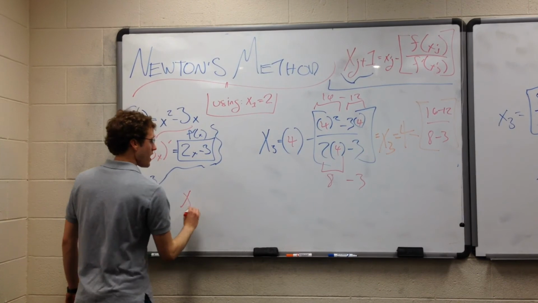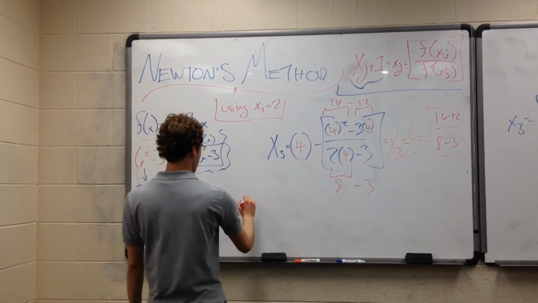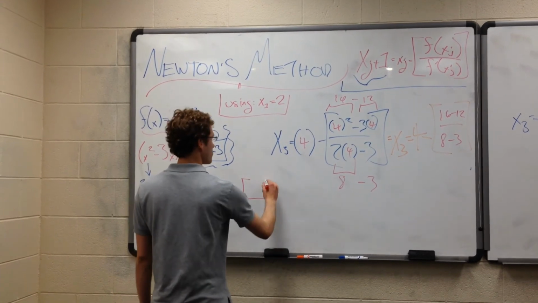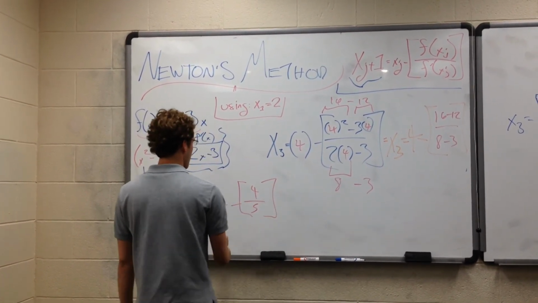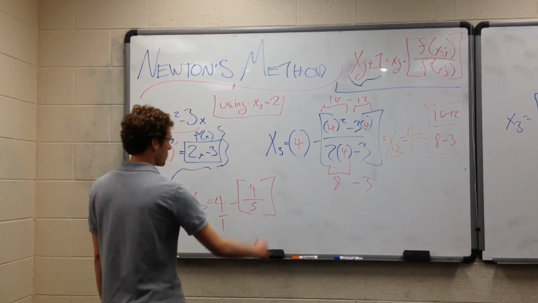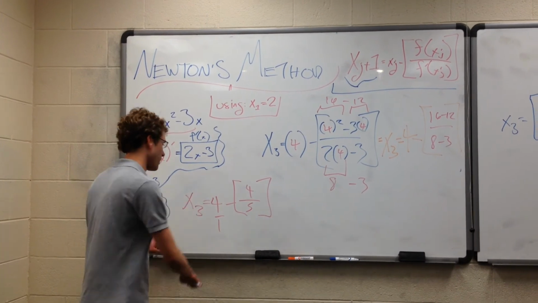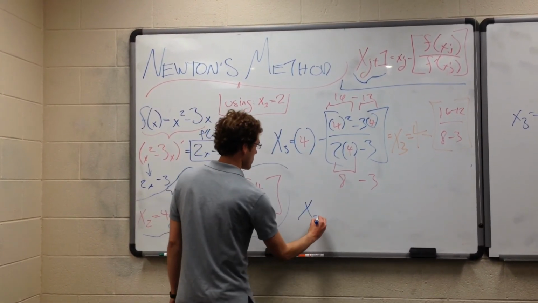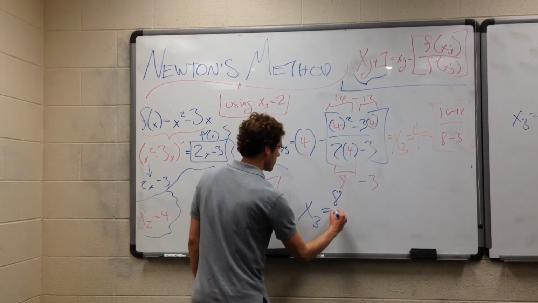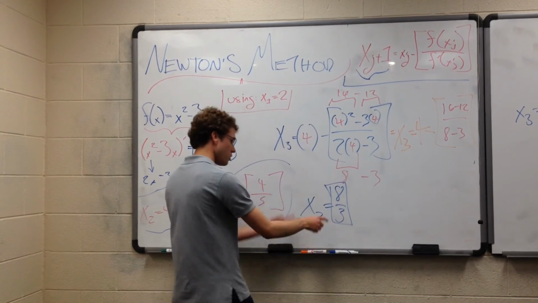So x3 equals 4 minus 16 minus 12, which is 4, over 8 minus 3, which is 5. So we have 4 over 1 minus 4 over 5. We're not going to worry about doing a bunch of common denominator stuff. Just put this in your calculator, and you're going to come out that all of this, or x3, is equal to 8 over 3. So that is the entirety of what we need to do.